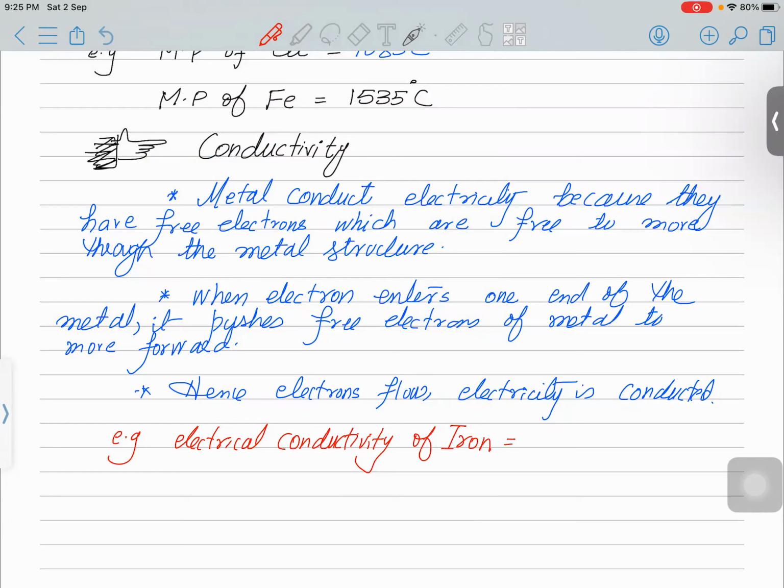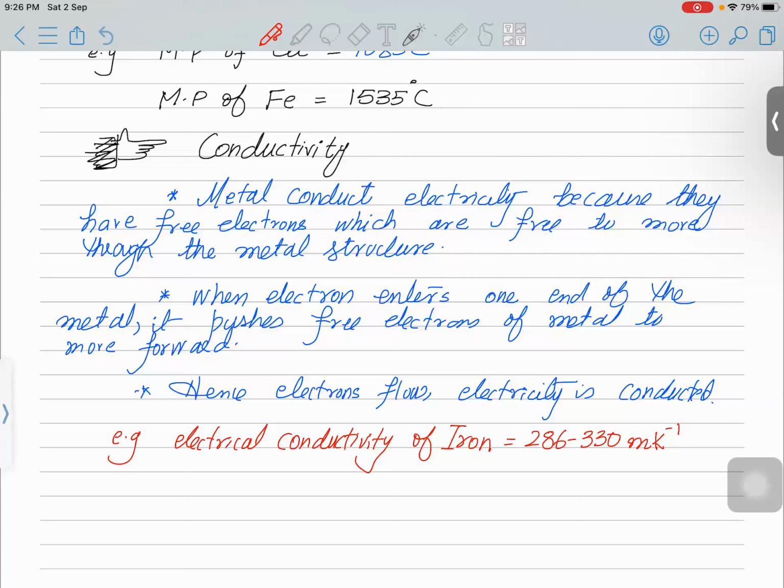Sir, it says 286 to 330 W m minus one K minus one.